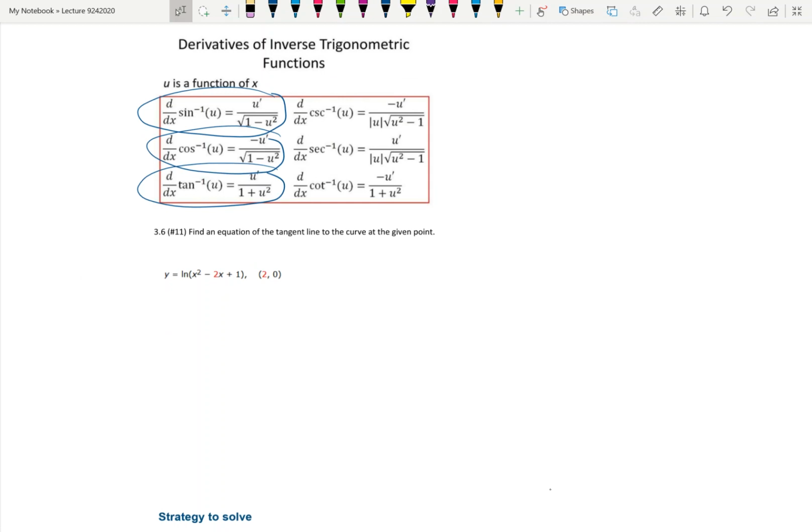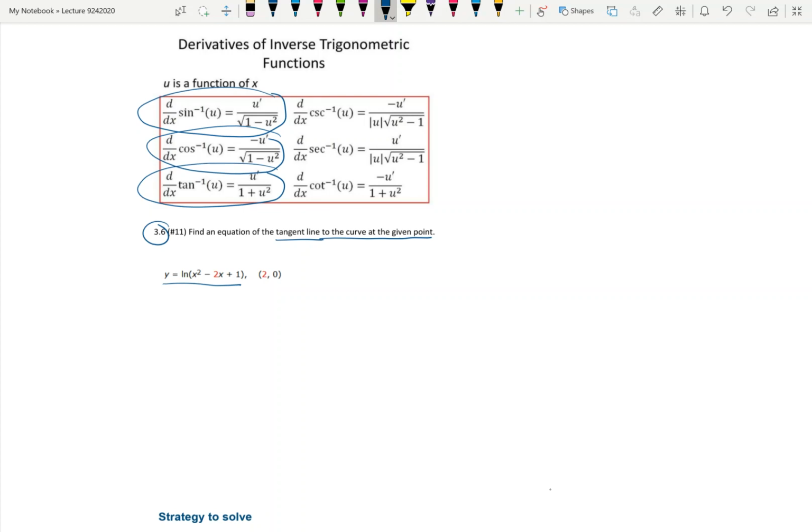Now, in this example, we need to find the equation of the tangent line to the curve given by this one, and the point is 2, 0.